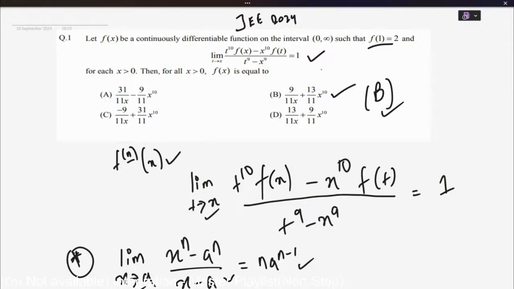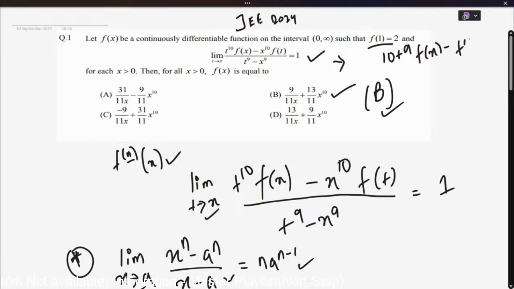But then again, obviously, you could have done L'Hopital if you would have known that. And L'Hopital would simply give you the differentiation of top and bottom. If you differentiate the top side, you get 10t to the power 9 f of x minus f dash t x to the power 10. And the denominator would have got you, I think, 9t to the power 8, right?